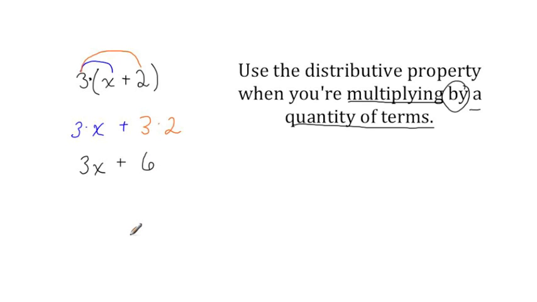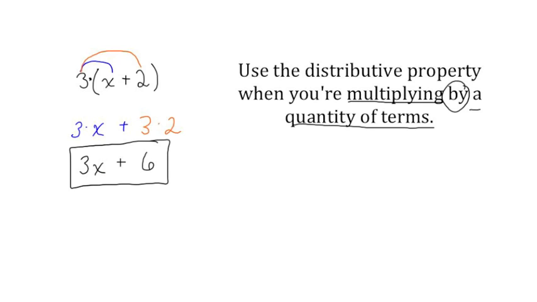That's all the multiplication we can do, so we move on to the last step, do all addition and subtraction from left to right. There is addition, but the only way that we can add is if we have like terms, and 3x and 6 are not like terms, so this is now in simplest form. The distributive property allows us to take an expression with parentheses in it, and if it meets this requirement, we can make it simpler by getting rid of those grouping symbols.